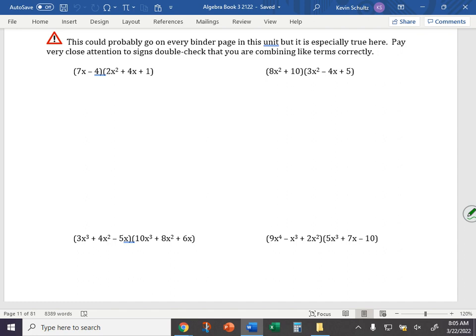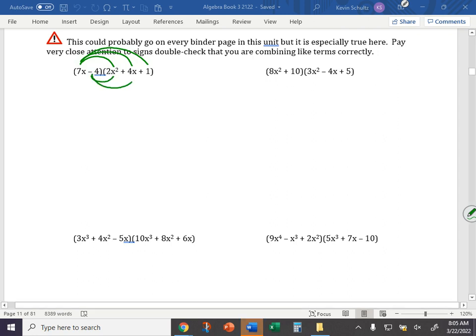We were basically making sure that every term in each expression was multiplied by every term in the other one. Same thing here. The problem though is that when you get to a 2 by 3, 7x times 2x squared, 7x times 4x, 7x times 1, negative 4 times 2x squared. It's like a mega crab claw.